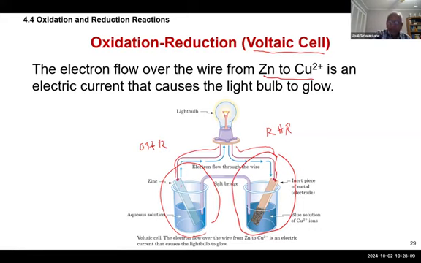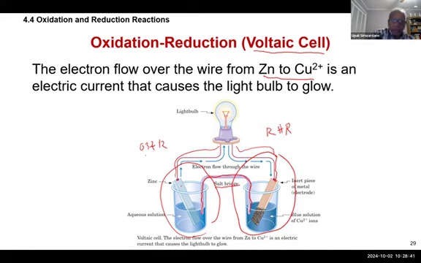We use a device called a salt bridge, which contains certain ions which keep the electrical connectivity between the two solutions.